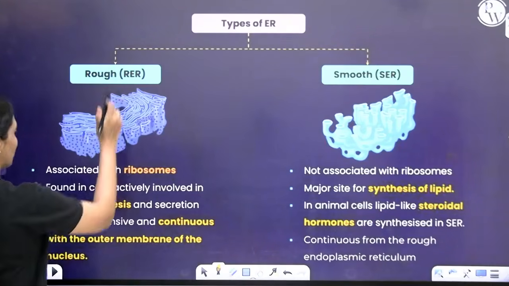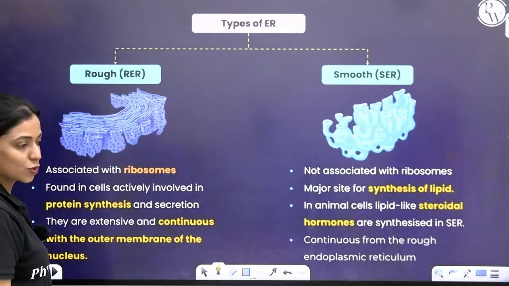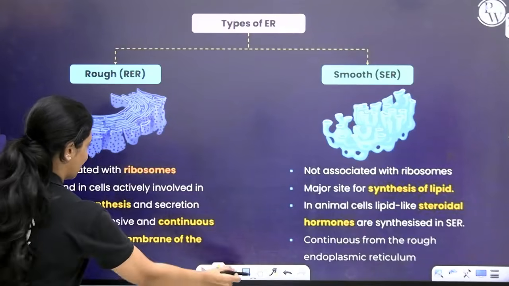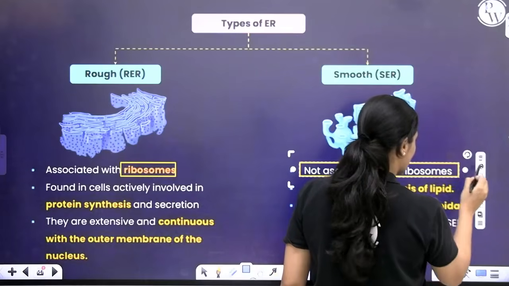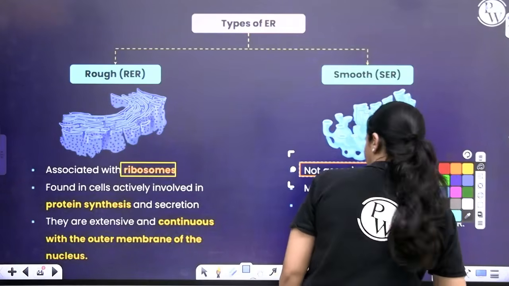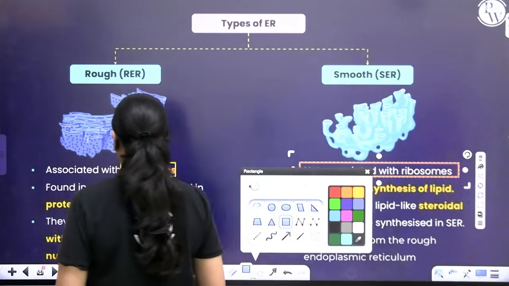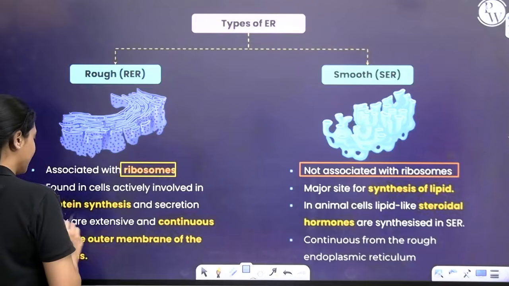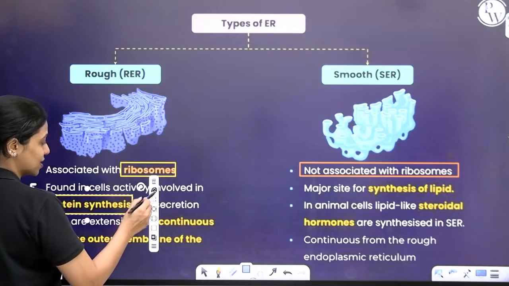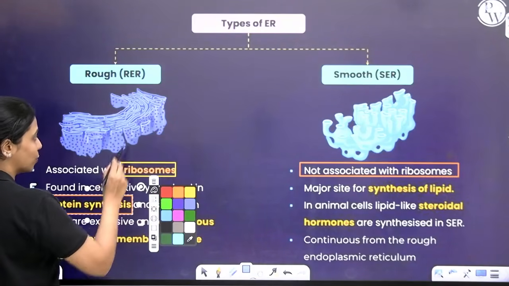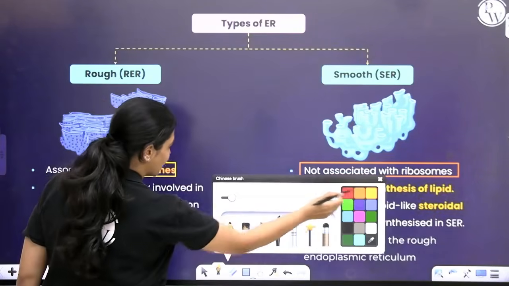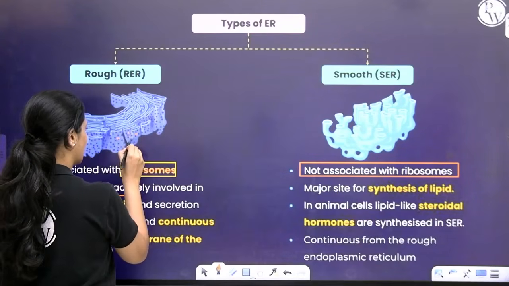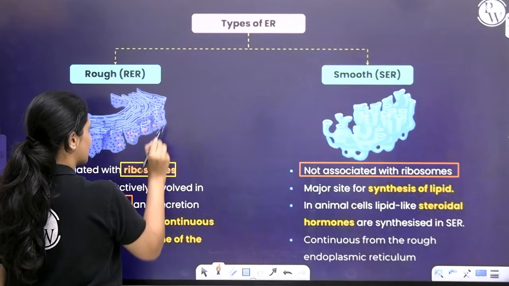Okay, so the rough endoplasmic reticulum is associated with ribosomes. Smooth endoplasmic reticulum is not associated with ribosomes. The function of the rough endoplasmic reticulum is to help in protein synthesis. They themselves do not synthesize proteins, but since there are so many protein factories or ribosomes sitting on top of it, like these ones, all of these are ribosomes, their job is to synthesize proteins.